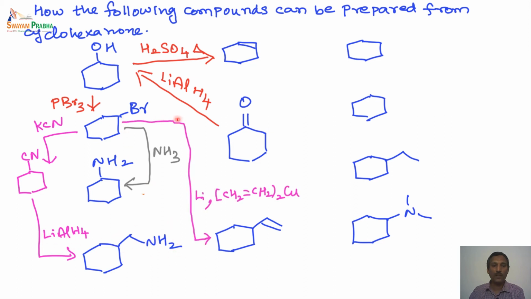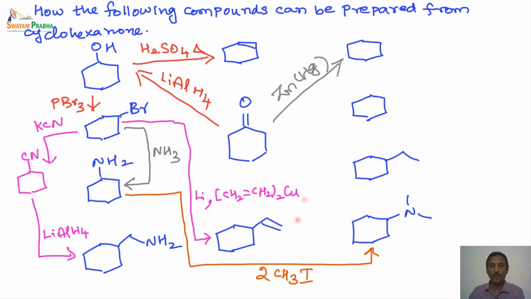And this can also be treated with lithium and copper reagent. So a metal cuprate is formed, so that the CH2 double bond is added to this particular compound, metal copper reaction. And the next one is this amine can be converted to the dimethyl amino derivative by treatment with methyl iodide.